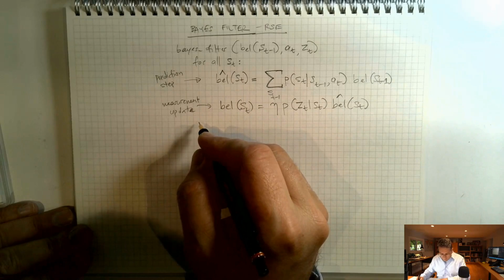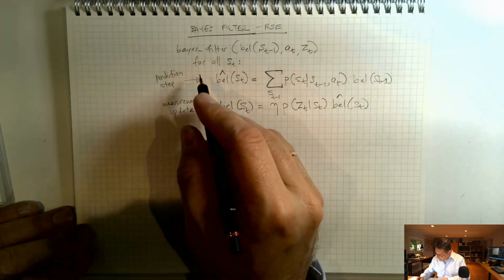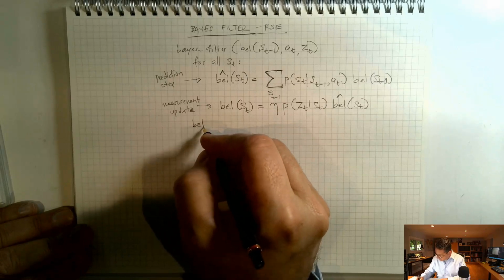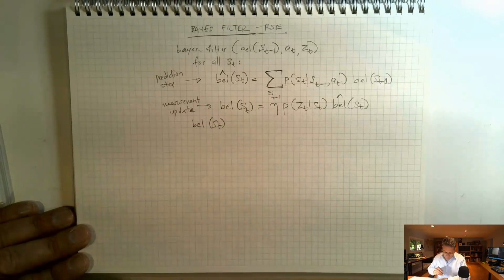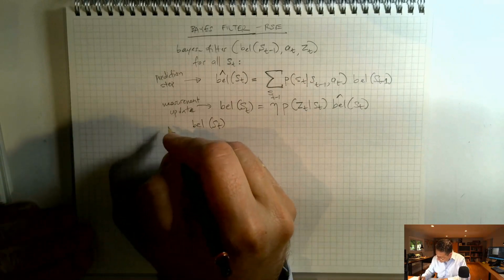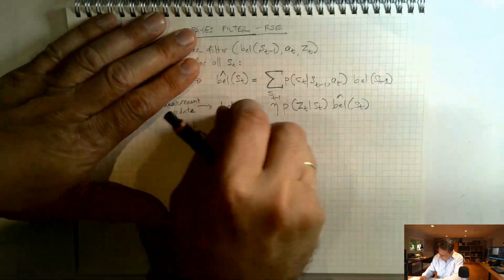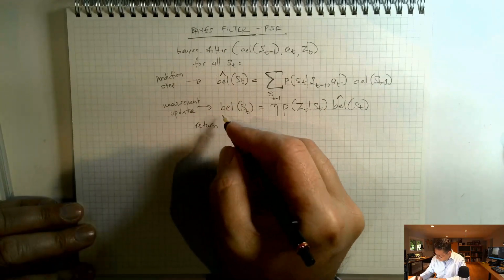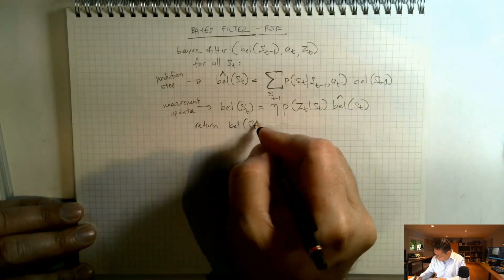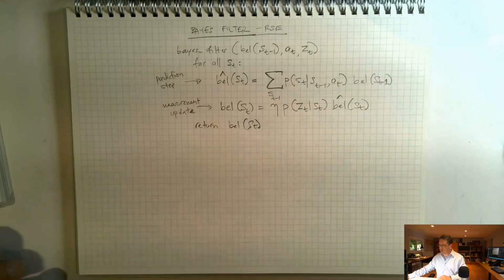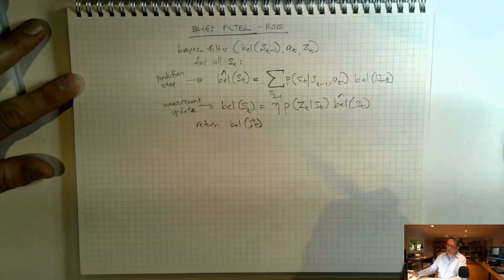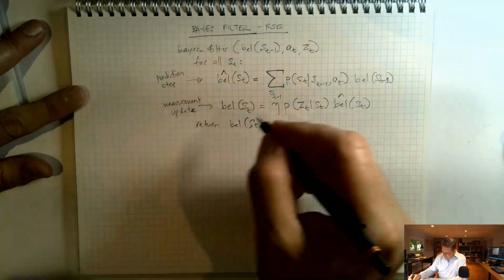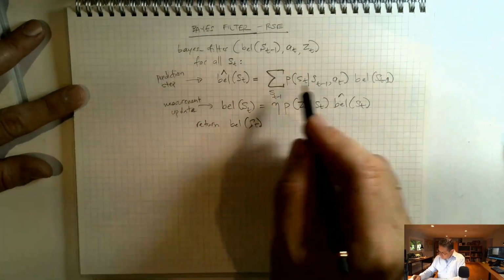And then after we exit this for loop, we are returning, let me write it as a return statement, the belief of s_t.